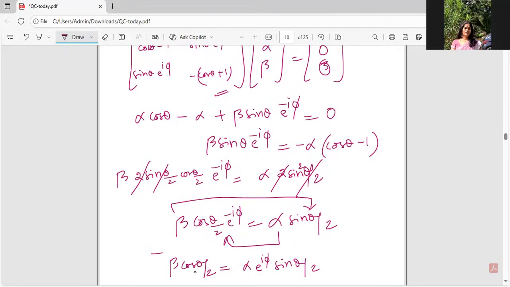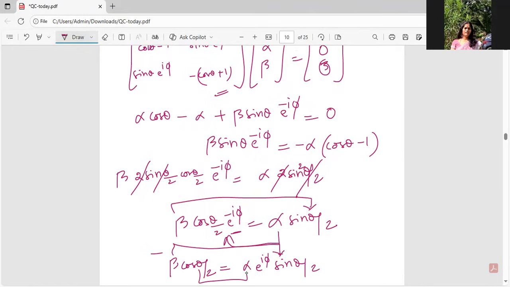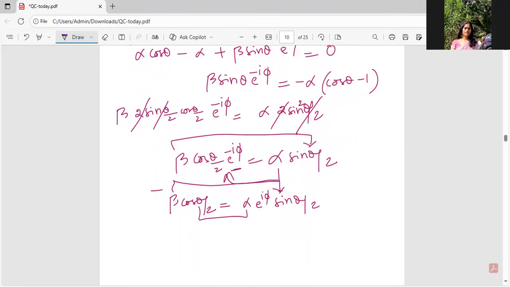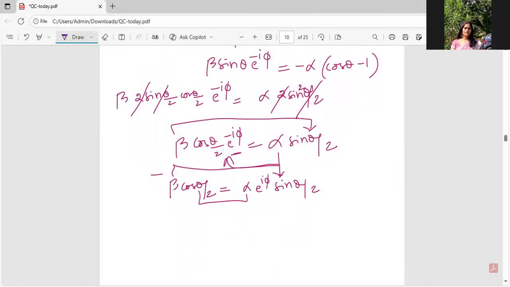I can write like this now. This one I have taken towards the right. Now you see, alpha should be this, beta should be this, for the equality to exist. Otherwise, this is possible only for alpha equal to 0 and beta equal to 0, and then getting a trivial value, I need not do so much of hard work.